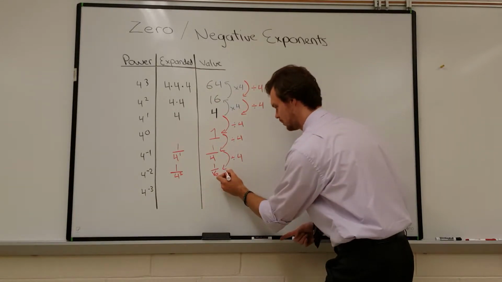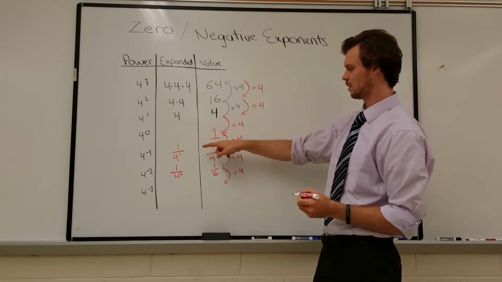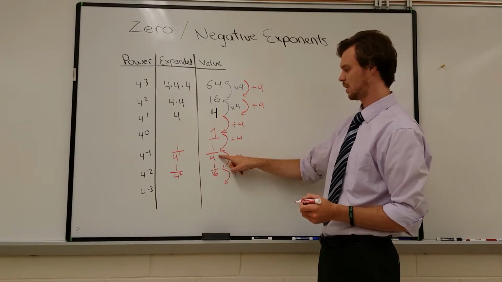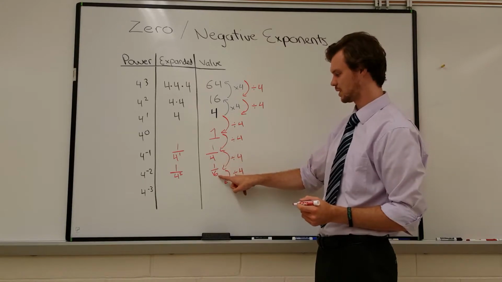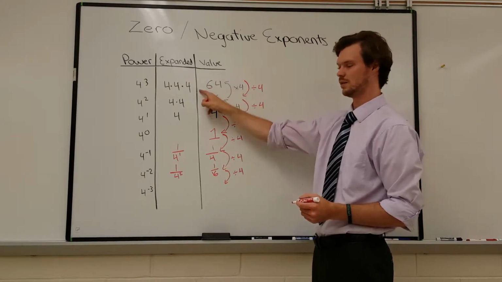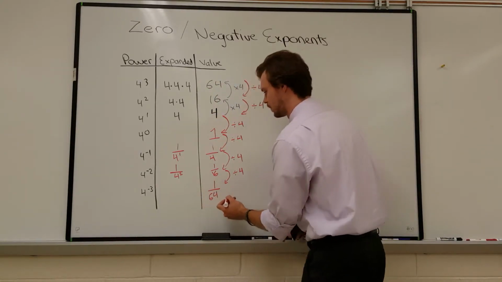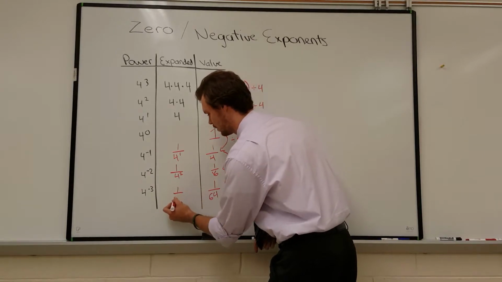And then going down again, let's do one more. If you're getting this pattern, what do you notice here? Look at our denominators. You have a denominator of 4, a denominator of 16. Our next denominator is going to be 1 over 64. You guessed it, 1 over 4 to the third.